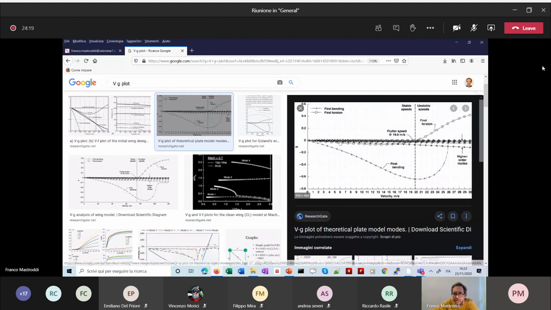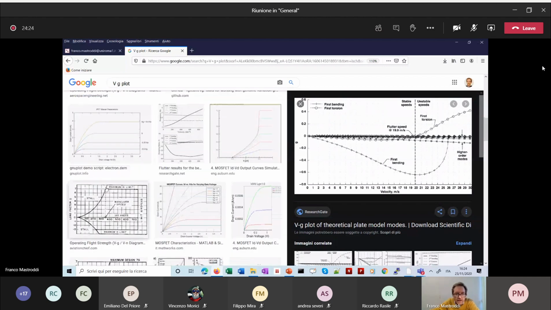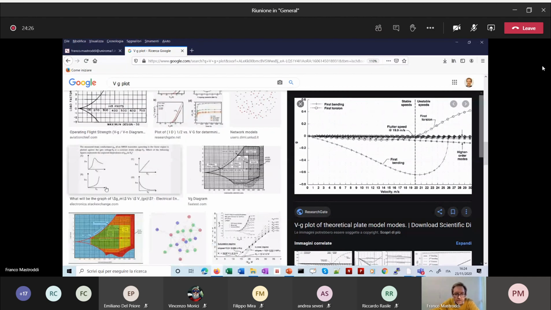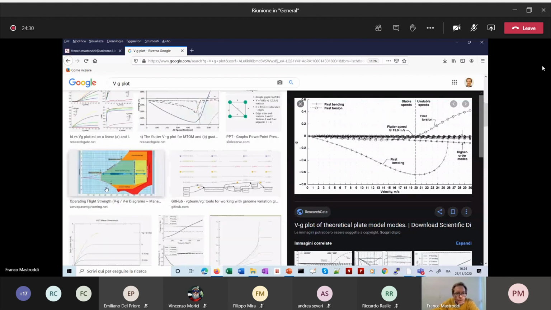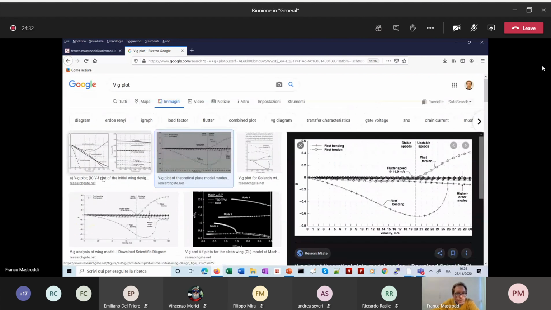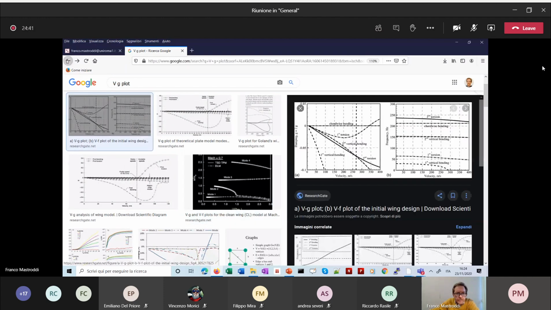This is standard in aeronautical flutter stability studies.